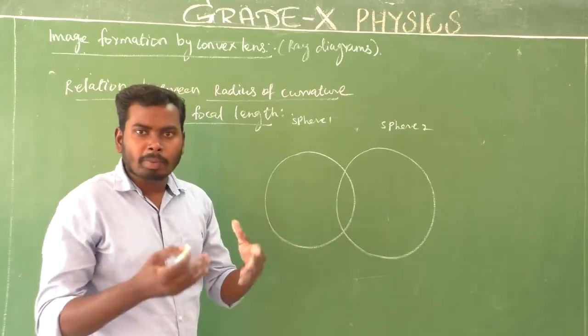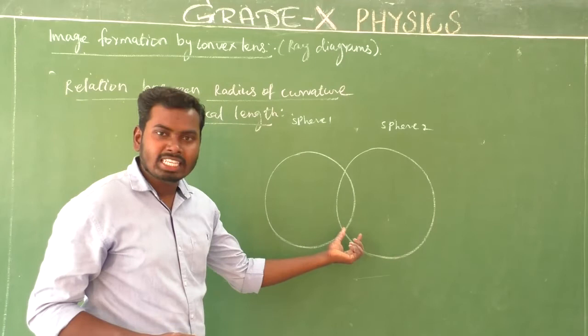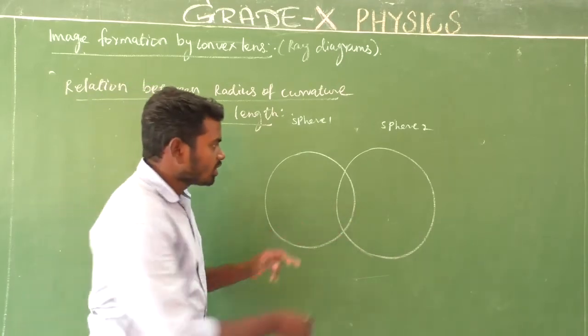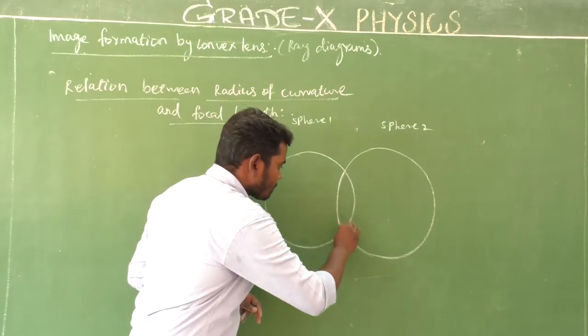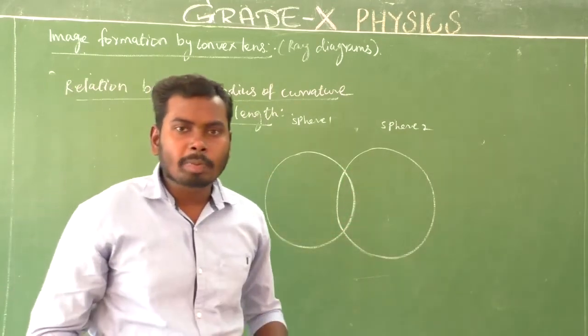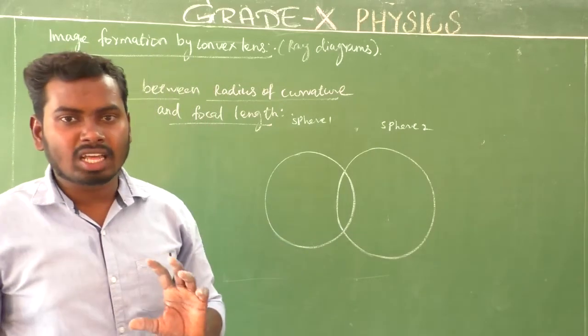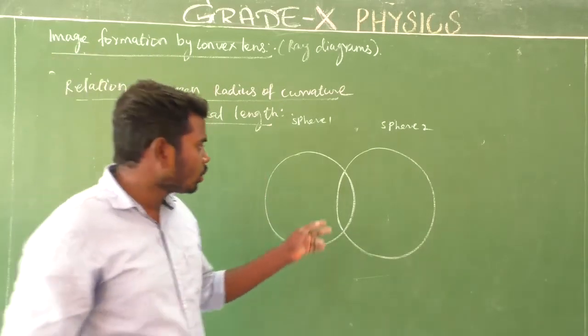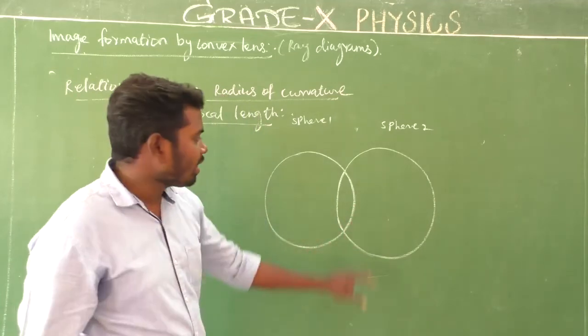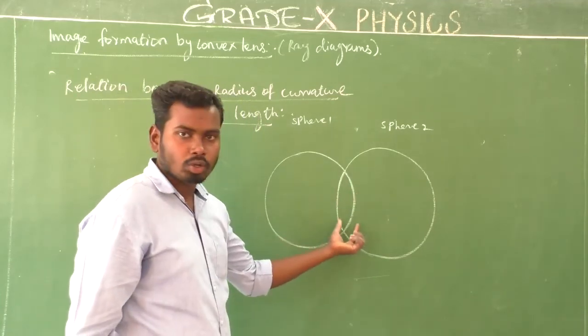When two spheres made up of glass overlap each other, which means connecting each other end to end, this is one end of a sphere and that is another end. The middle part looks like a convex lens.